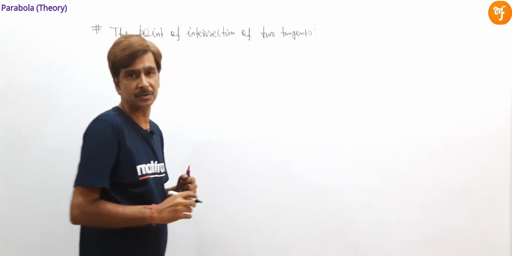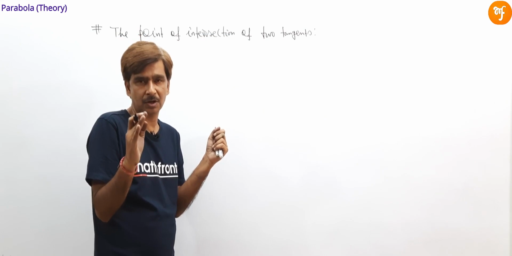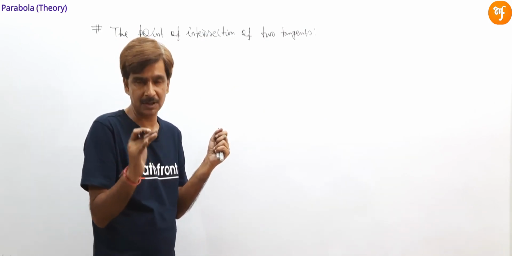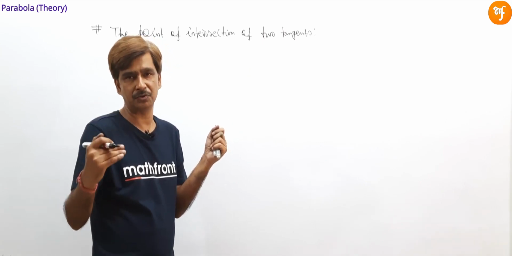Okay, so what I told, the point of intersection of two tangents to the parabola y square is equal to 4x drawn at (at1 square, 2at1) and (at2 square, 2at2).